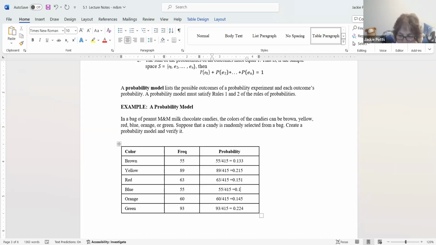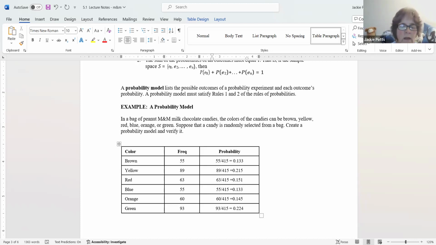You guys are probably sitting there screaming at me. So let's try this again. 0.133 plus 0.215.